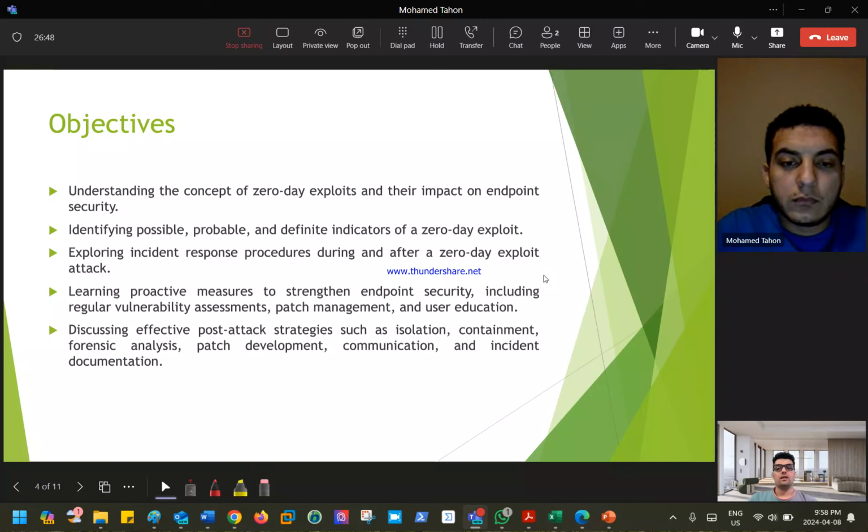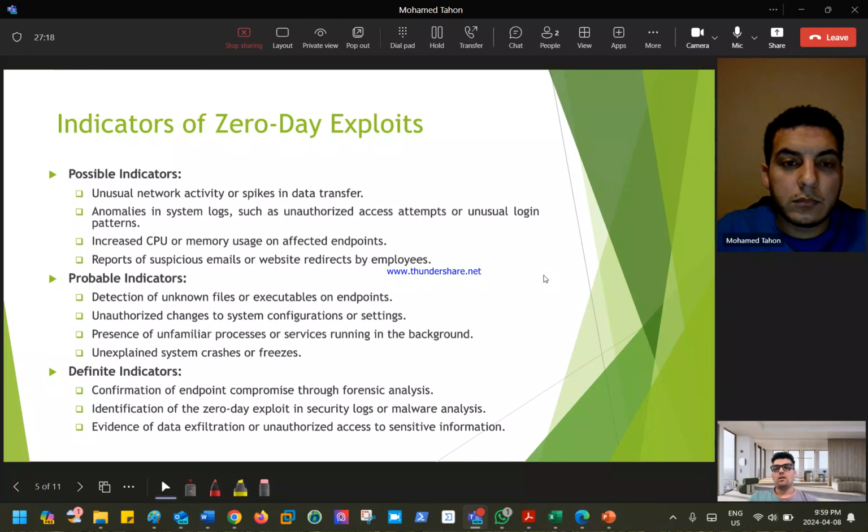We are also exploring the response procedures during, after, and before the exploit and attack, and taking proactive measures to strengthen endpoint security to avoid these kinds of vulnerabilities in the future. And we are also going to talk about post-attack strategies such as isolation and patch development and other things.